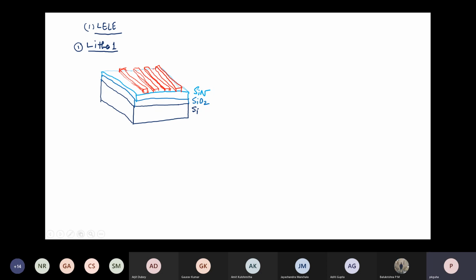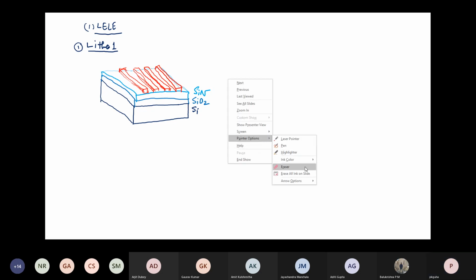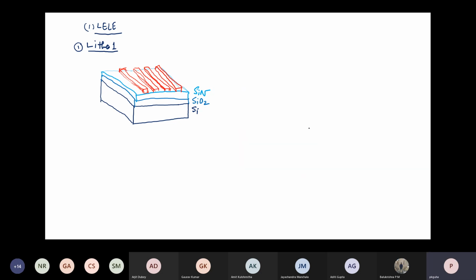So the second step is H1. Litho 1 is done. In litho 1 I spin coat photoresist and write a pattern; these red lines are the resist pattern. I should have written it with red.